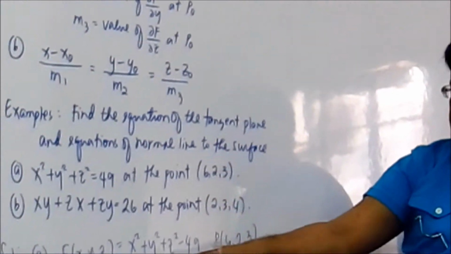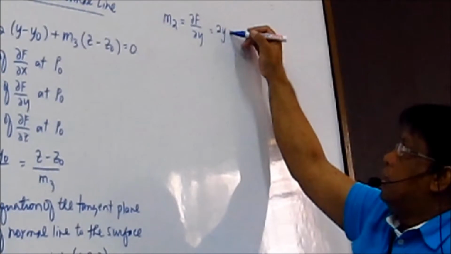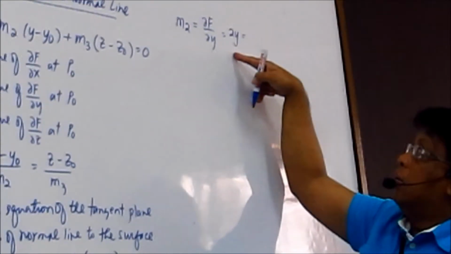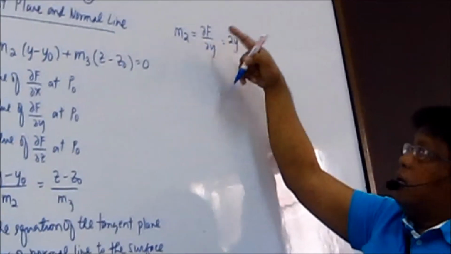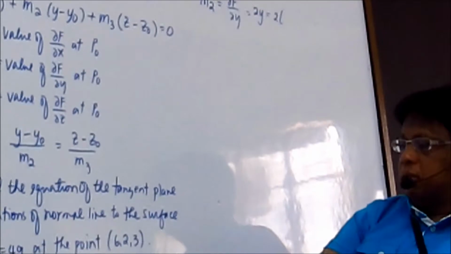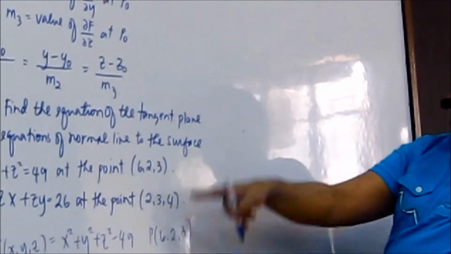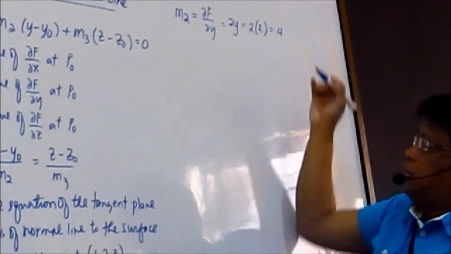What about the derivative of z squared? It is 0, and negative 49 is also 0. So the partial derivative of f with respect to y is 2y. What about its value? We just substitute y equals 2, so therefore m2 is 4.